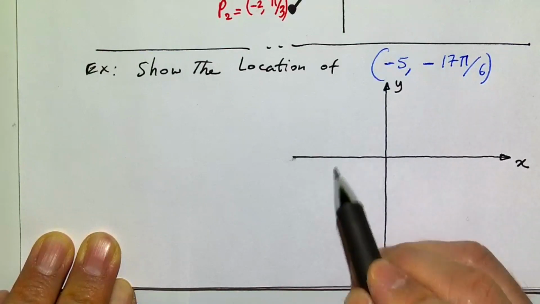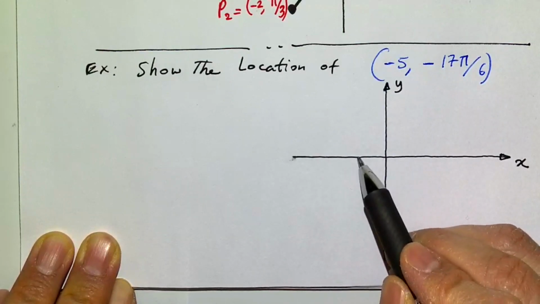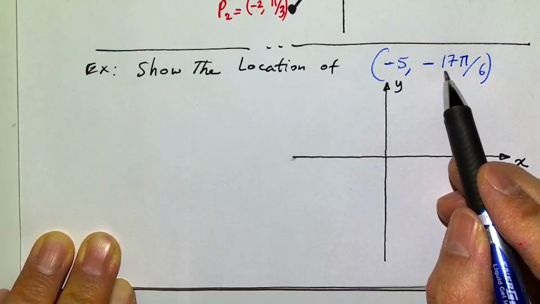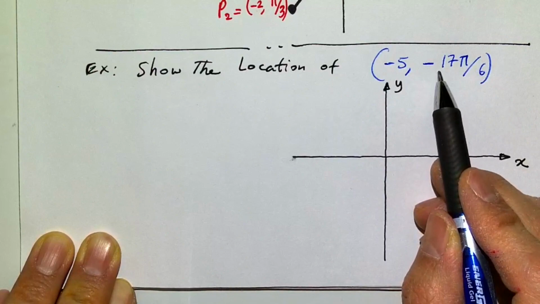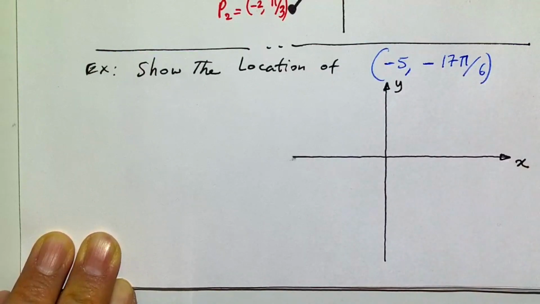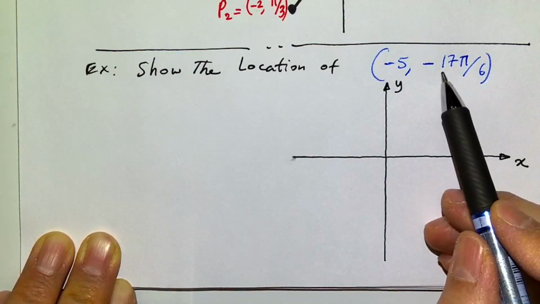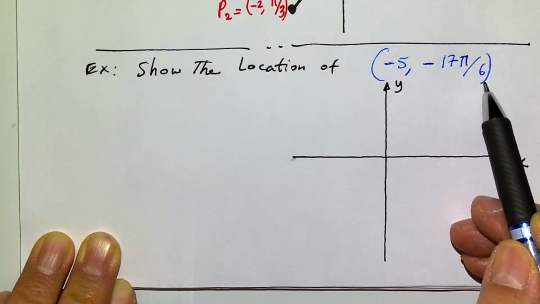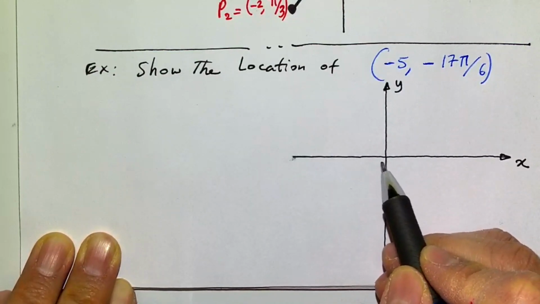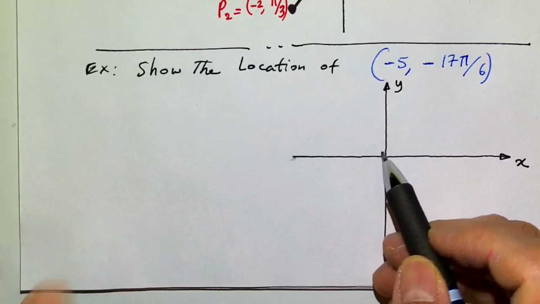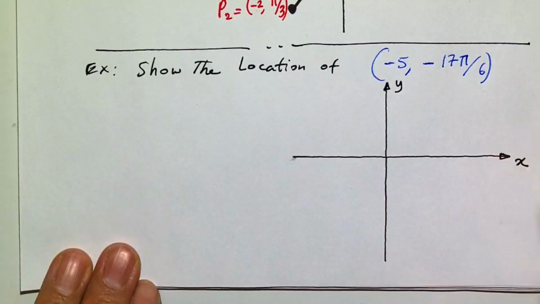So we would come to this point, but this is not minus 18 pi over 6. This is minus 17 pi over 6. So it's pi over 6 shorter than the angle that would be minus 18 pi over 6. So we would end up in the third quadrant. But the path to get to that point would look like something like this.